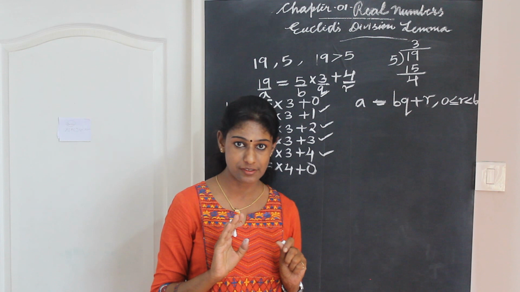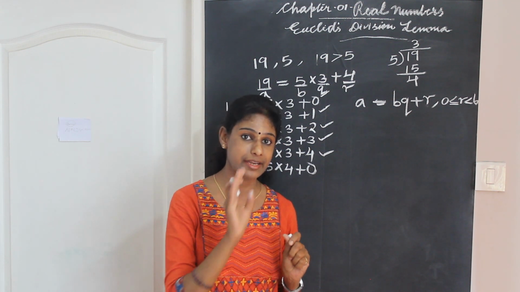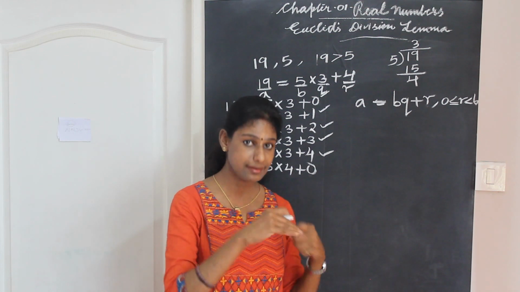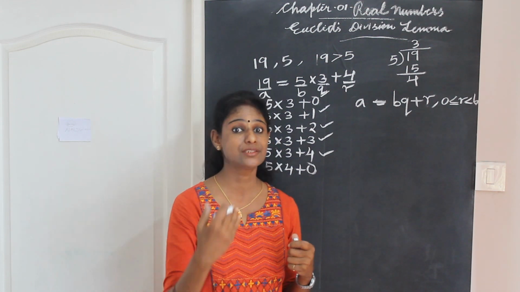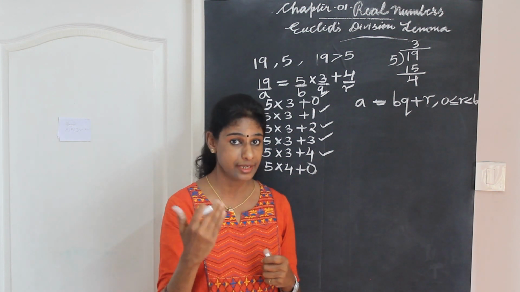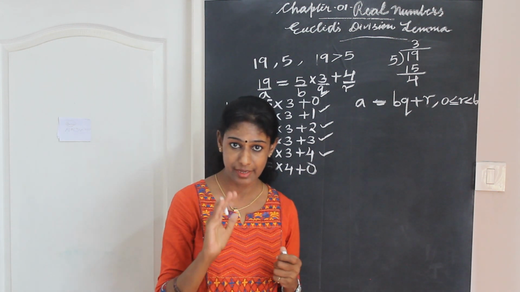If we need to show this, we are not supposed to take any particular example or few examples of integers, square it, and check whether we are able to write them in the form 3q or 3q plus 1, something like that.